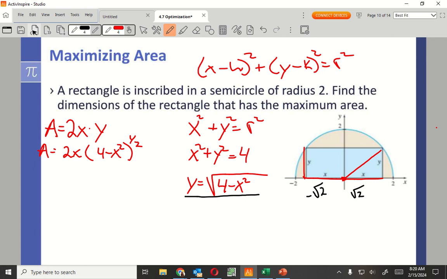So right here, as I plug this in, I'm going to get my y value, which goes this way. So I get y equals the square root of 4 minus rad 2 squared.